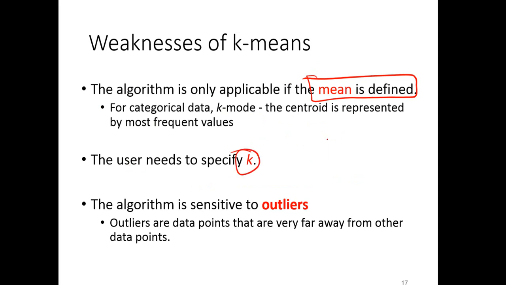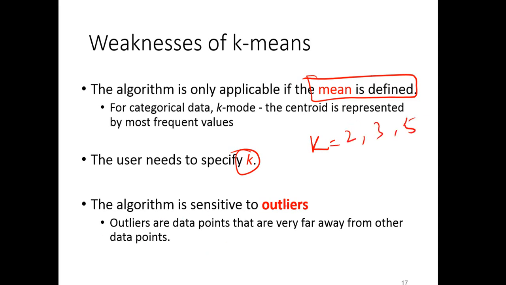So you have to be an expert in the data that you are working on. That means you should know how many clusters are there in your data. The clustering algorithm will not tell you how many clusters there are. You just have to provide whether k is 2 or 3 or 5 or 6, whatever.